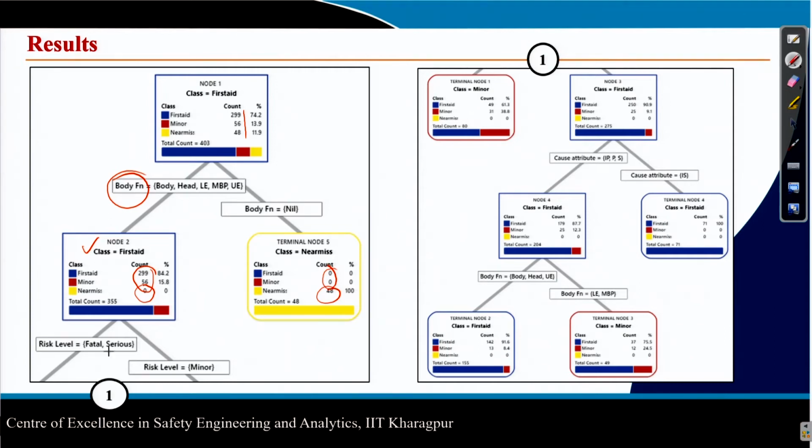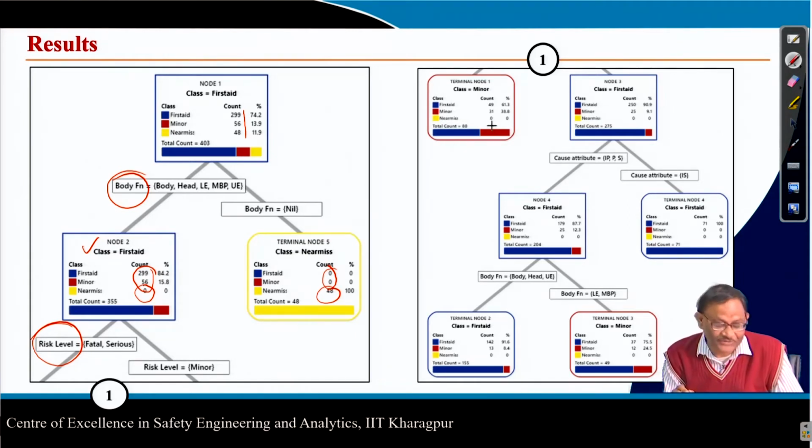Then when you go again to the second level, the second variable coming is risk level. When you split it into two parts, here the mode is first aid, and here it is minor.